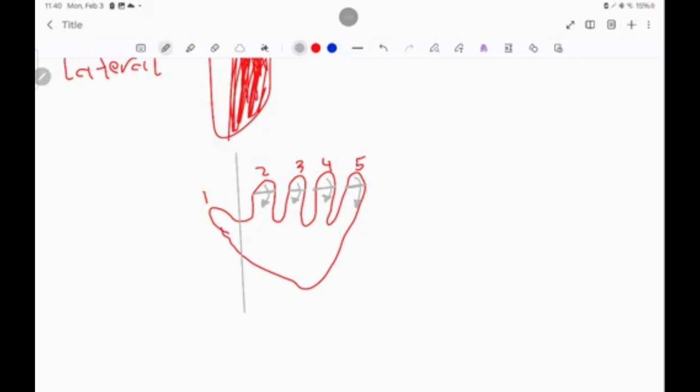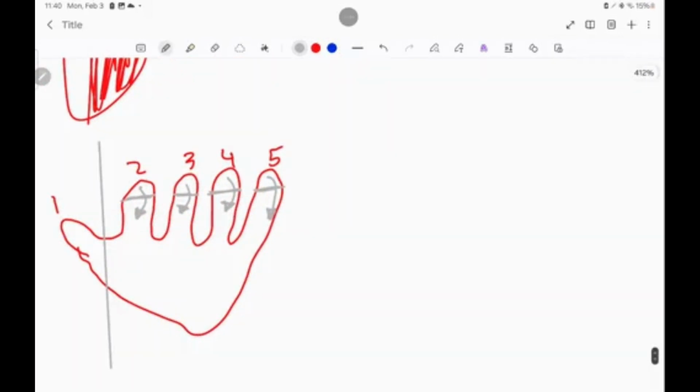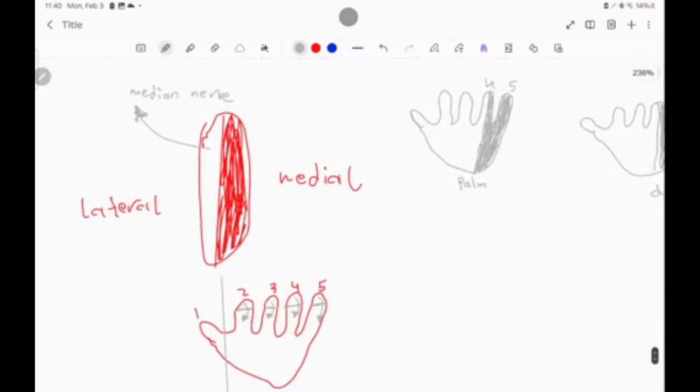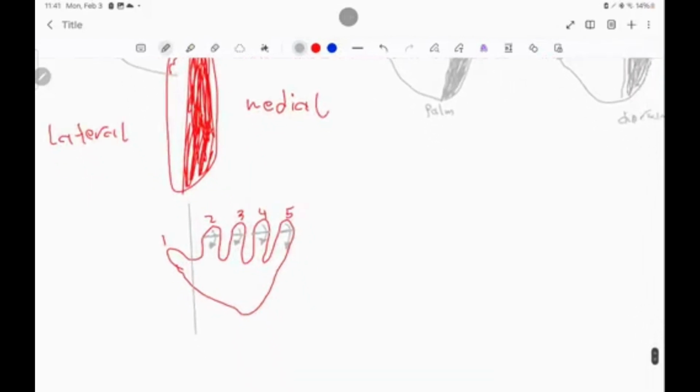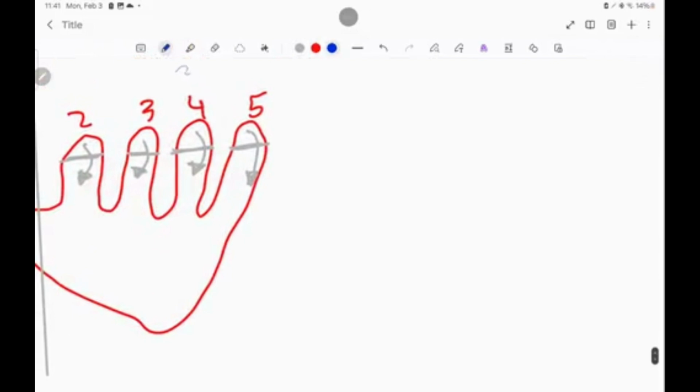But if we said that the injury is in the medial side of the flexor digitorum profundus, so we have these four fingers, don't ignore the thumb, we don't care about it now. We have these four fingers, 2, 3, 4 and 5. If the damage is in the medial side and not the lateral side, we will do a split right here.